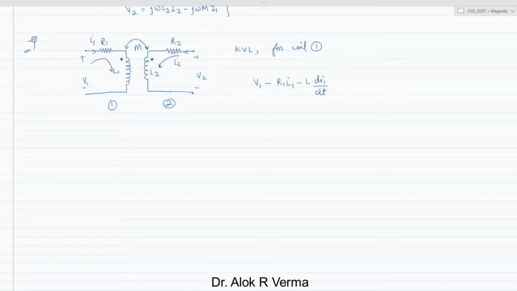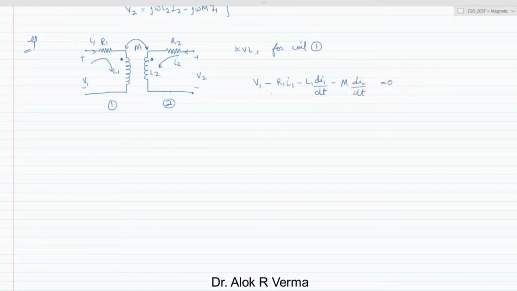In both cases, coil 1 and coil 2 are mutually coupled, and the dot notation is such that the currents are entering into it. So this will be positive, meaning the polarity will be the same as the self term. So this is minus M di2 by dt is equal to 0.